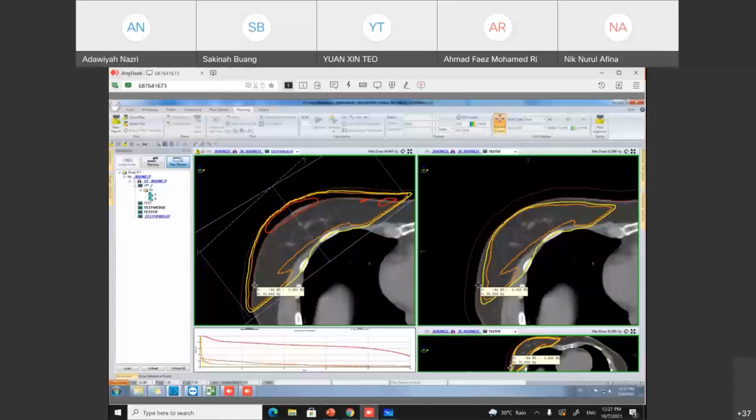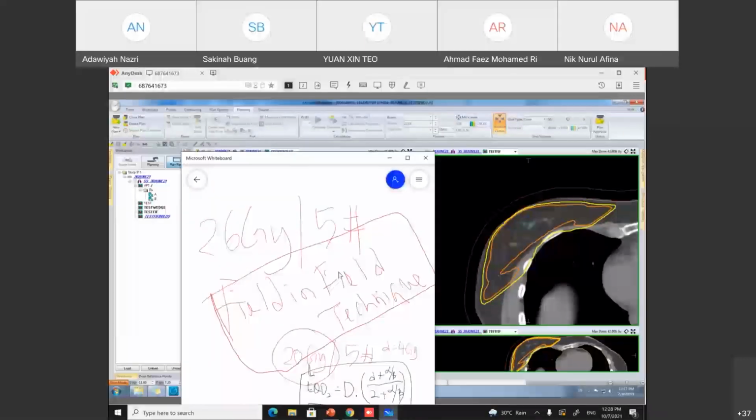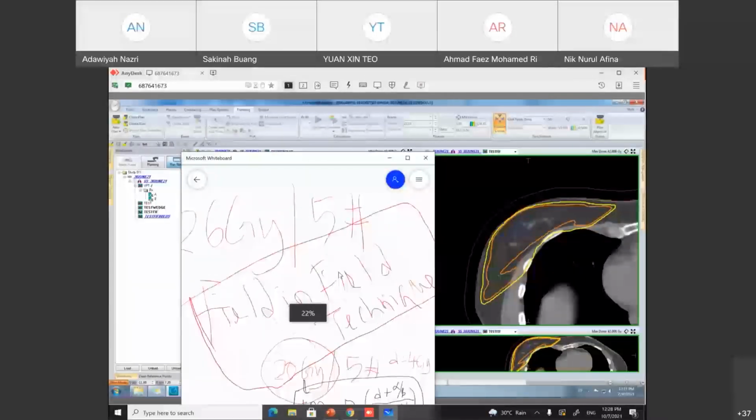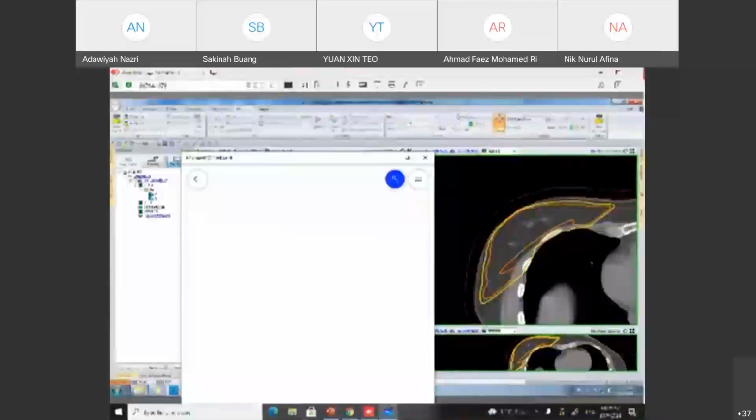This is because at 0 cm depth for 6 MV, the PDD, the dose has just started. This is the PDD depth.